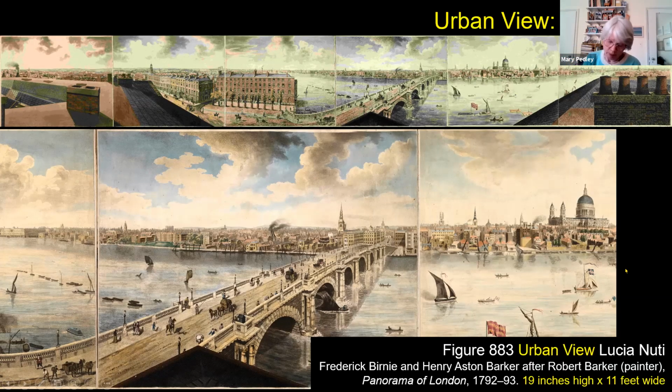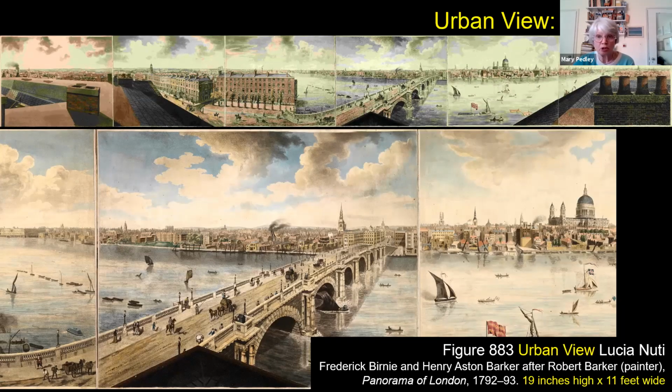So another form of urban mapping that develops in the period of the Enlightenment, that kind of takes the view almost as far as it can go.